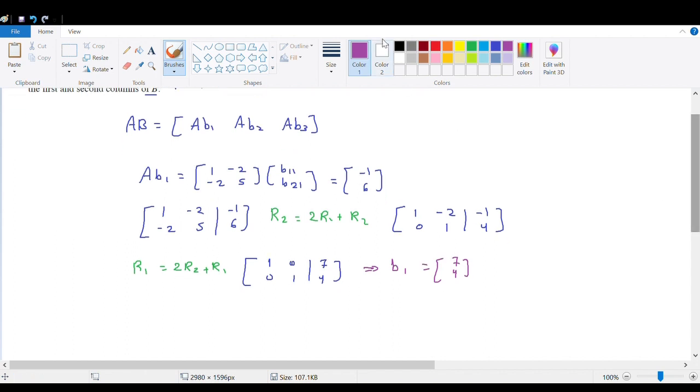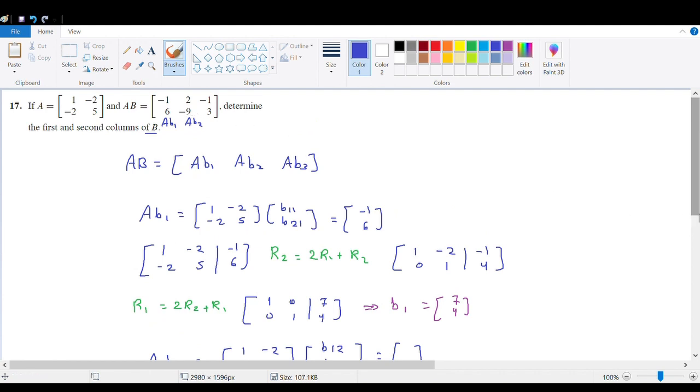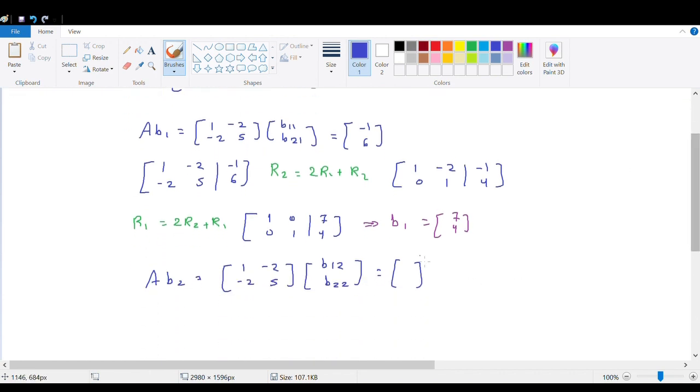Similarly, we do the same for finding AB2. So AB2 is the matrix A, [1, -2; -2, 5], multiplied by b2, and we get AB2, which is (2, -9).